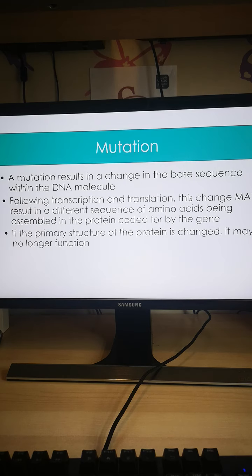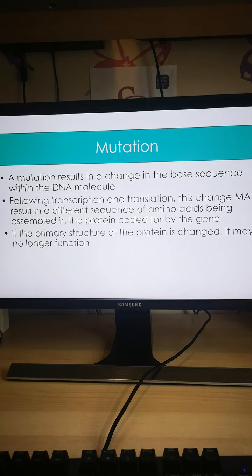I'll just go back to that and just think for a minute. It might not function anymore, but sometimes we focus a bit too much on this in this section. And I will remind you that you've talked about mutation in natural selection in GCSE.